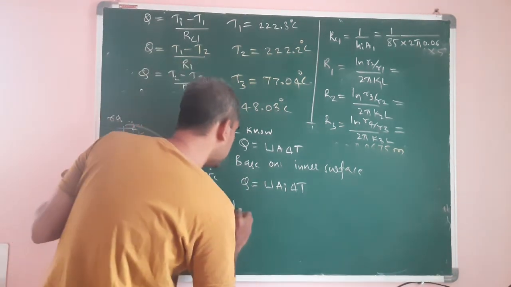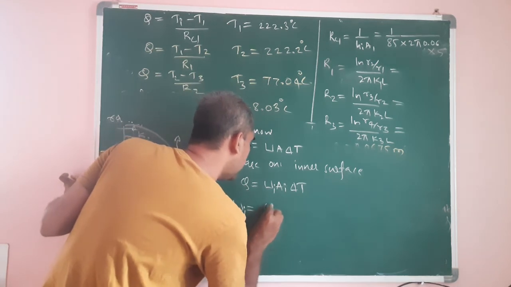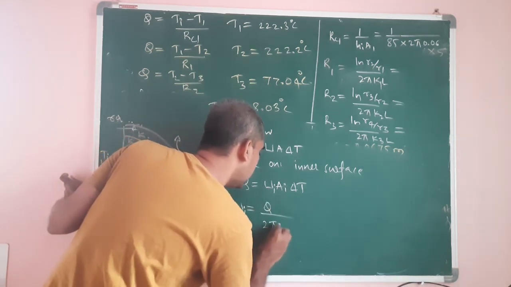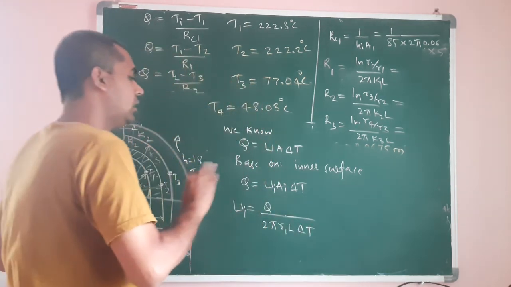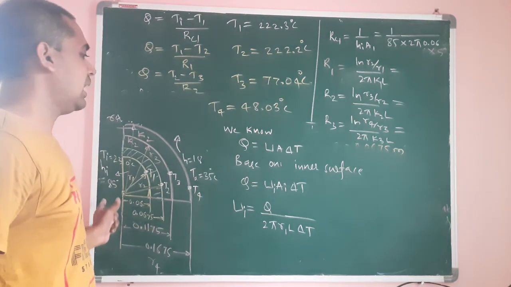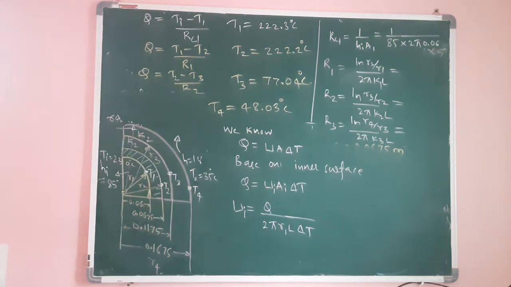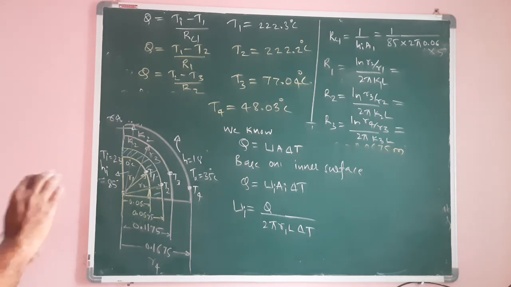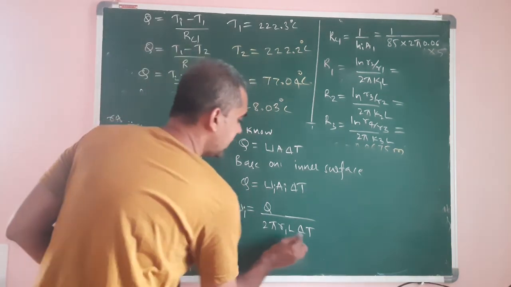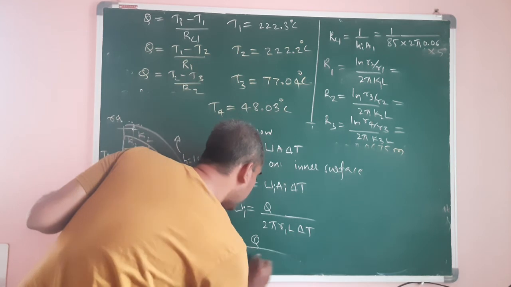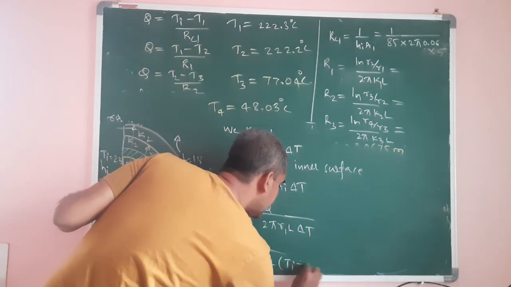Therefore, U based on the inner surface, I will call it Ui, is equal to Q divided by 2 pi R1 L into delta T. Delta T, for the overall heat transfer coefficient, is not any delta T. You have to take Ti minus T-infinity only. So Ui is Q divided by 2 pi R1 L into Ti minus T-infinity.